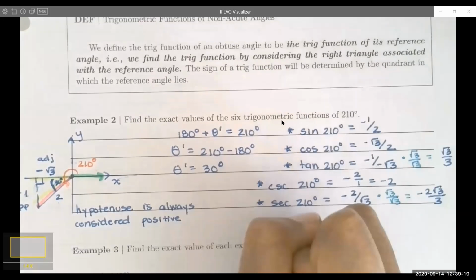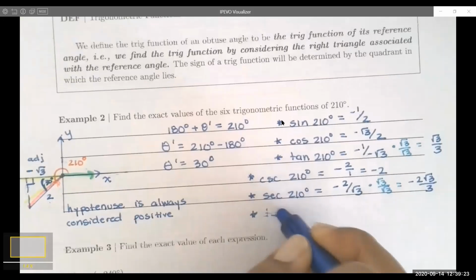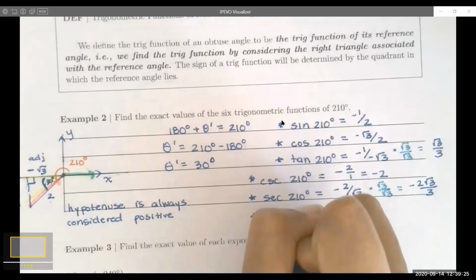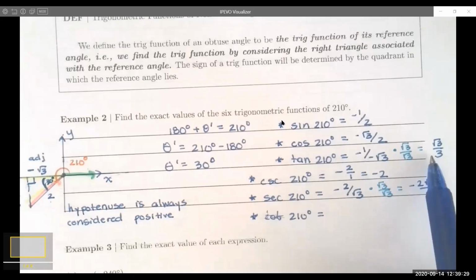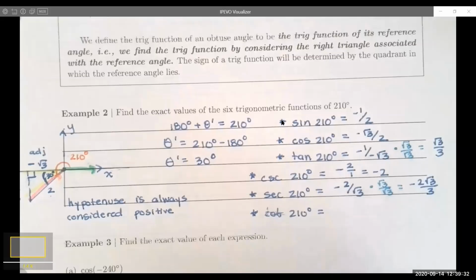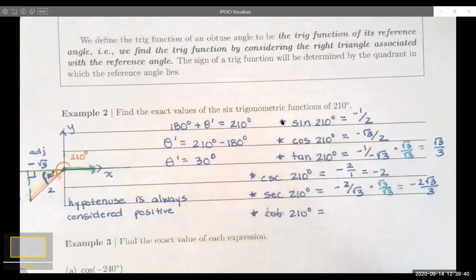And finally, the last one, cotangent of 210 degrees. Take the reciprocal. We won't take the reciprocal of square root of 3 over 3 because that's going to give me some work in rationalizing. Instead, I'm going to take the reciprocal of this unrationalized answer.